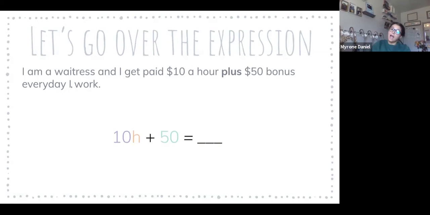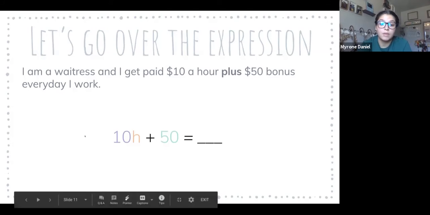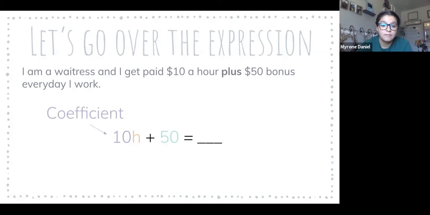So this is not every hour that I work, it's every day. So this is counted as 1 day for my expression. The 10 is my coefficient. The variable is H because it is hours. And I add a $50 bonus for every day I work, so that is my constant.